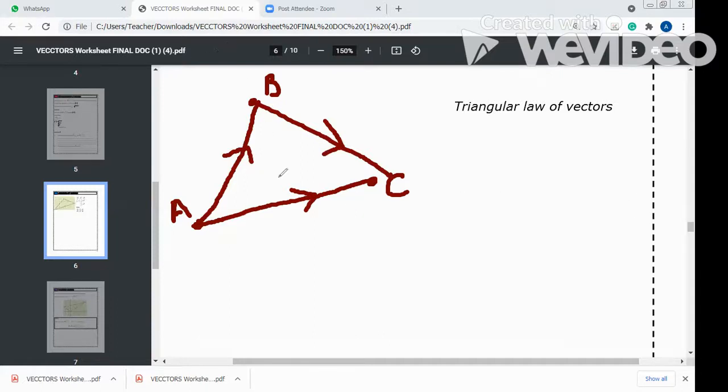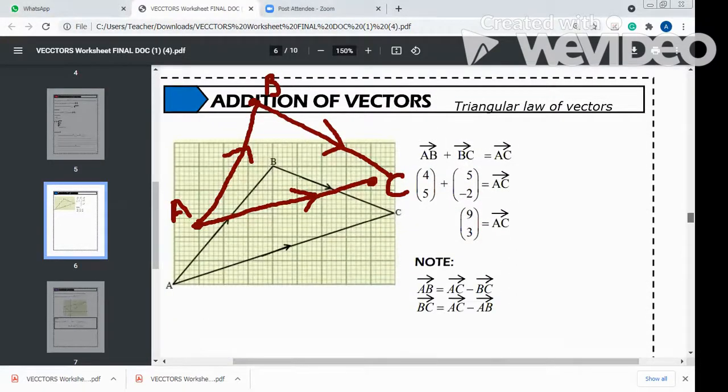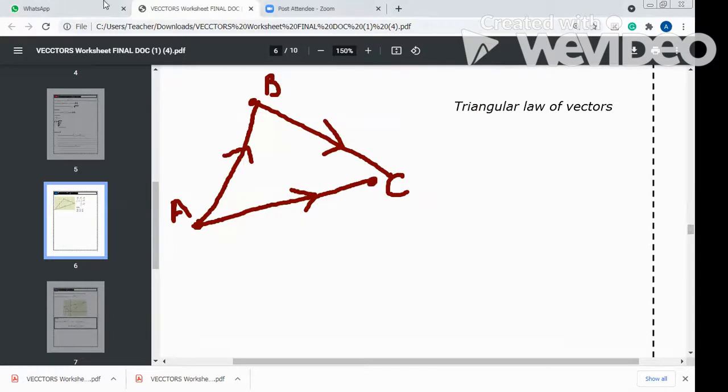That's the only way you can go, sir. Hold on. Say that again. I'm asking if that's the only way you can go. Will you go from A to B and B to C?